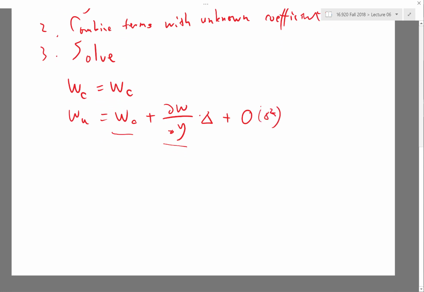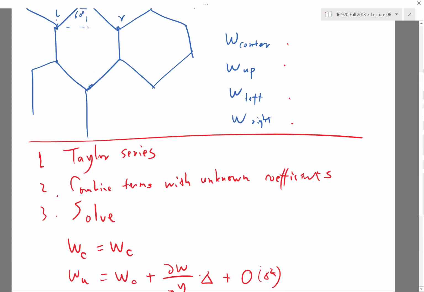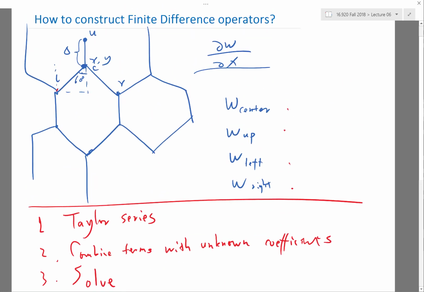We'll not expand any further, because we know we won't be able to cancel all the delta squared terms. So W left is WC plus the terms at position minus square root of 3 over 2 delta in x and minus half delta in y.